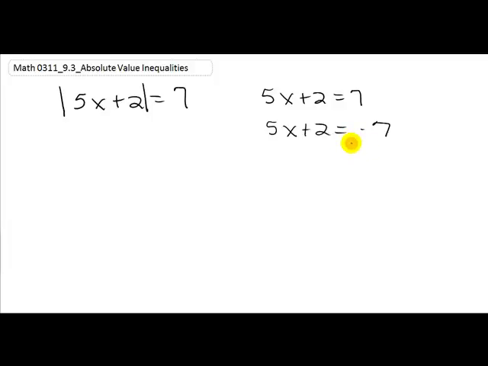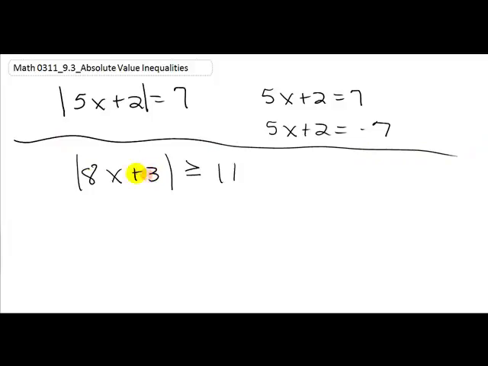What we're going to do in 9.3 is going to be very similar. It's just that the difference is going to be that we are going to have an inequality. So we've got the absolute value of 8x plus 3, and it's greater than or equal to 11.